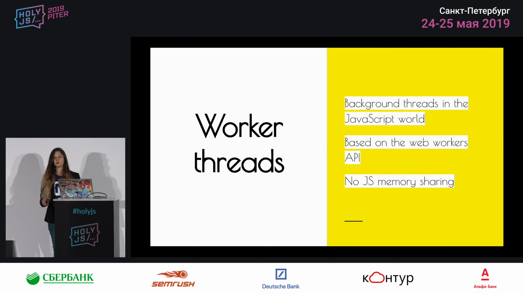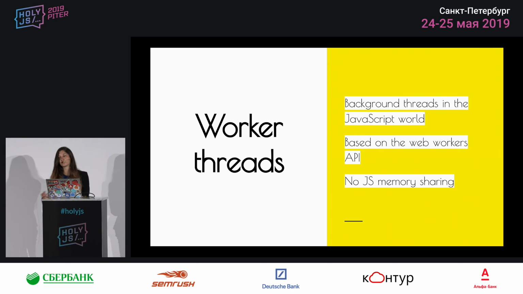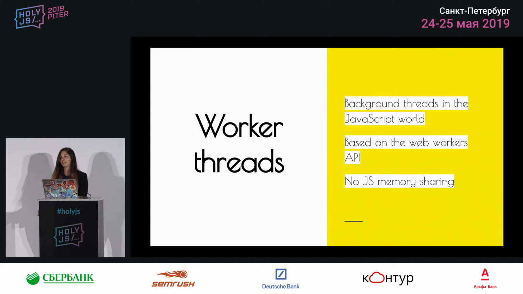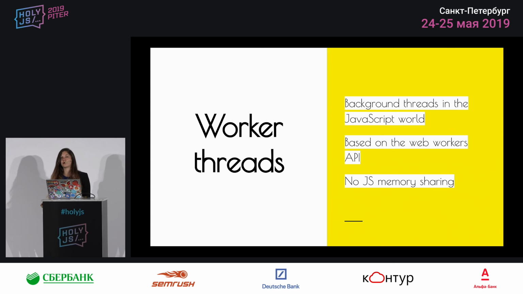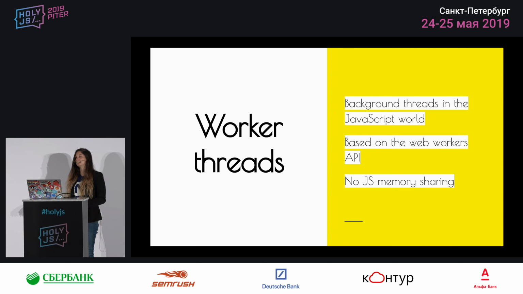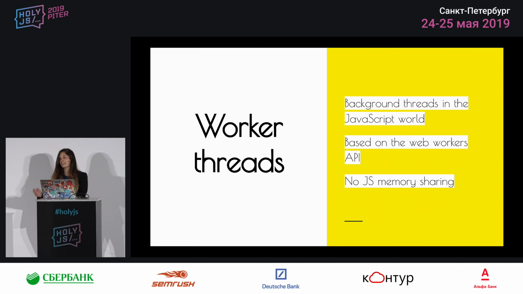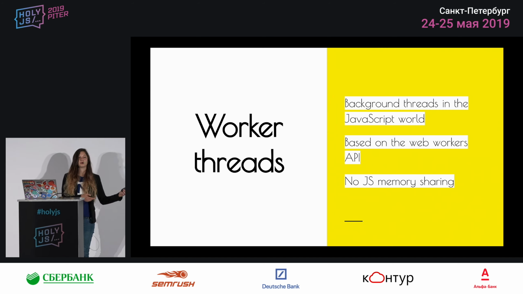So we have a way to communicate between the worker threads and the main thread and vice versa, but we can't share memory. We have to pass in certain results, and these results are actually serialized. So it's not the best idea to deal with passing huge objects or arrays or anything like that from the worker threads back to the main thread.